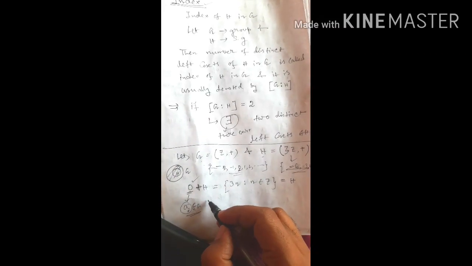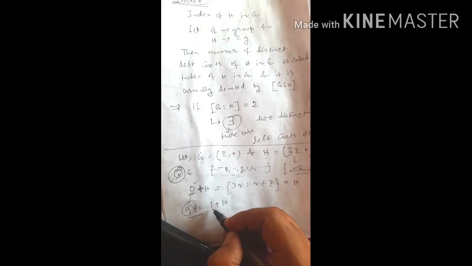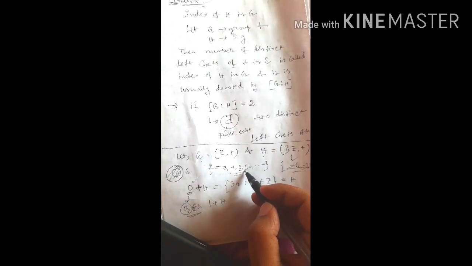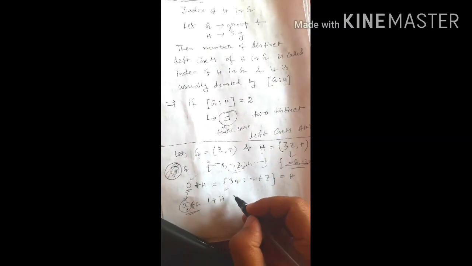Now the next left coset will be 1 plus H. Here also 1 belongs to G, so the next left coset will be 3n plus 1, such that n belongs to Z.